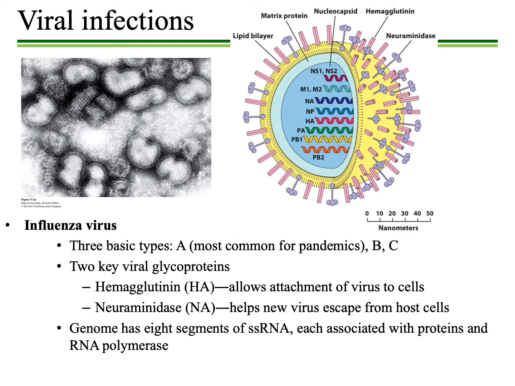The 2 key viral glycoproteins associated with influenza are hemagglutinin, abbreviated HA, which is a component that allows for the attachment of the virus to the host cell, and neuraminidase, abbreviated NA, which helps new viruses escape from the host cells once new viral particles have in fact been synthesized.